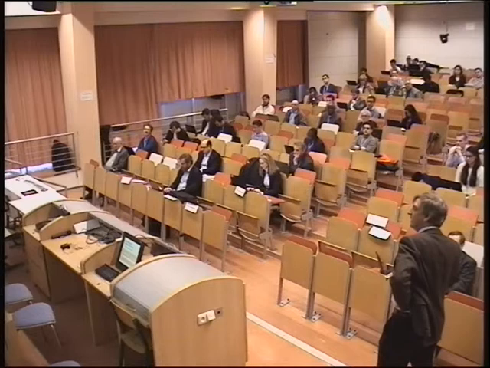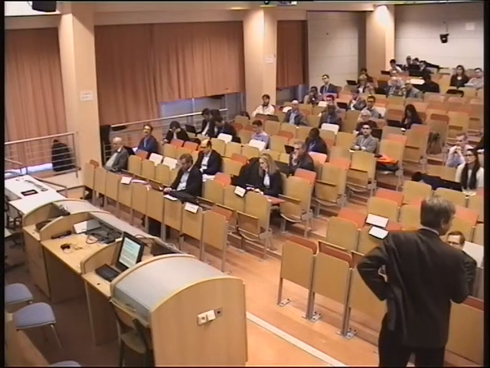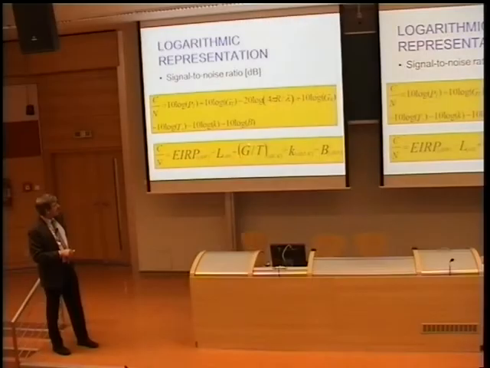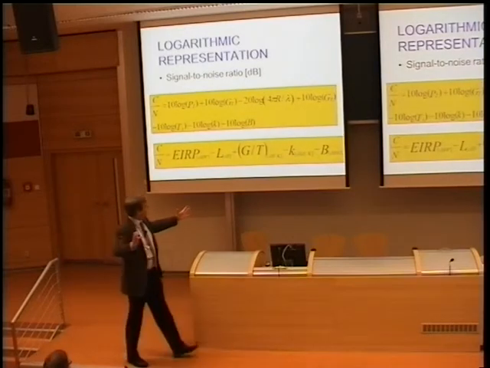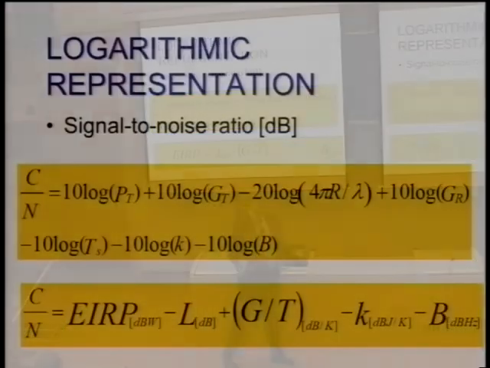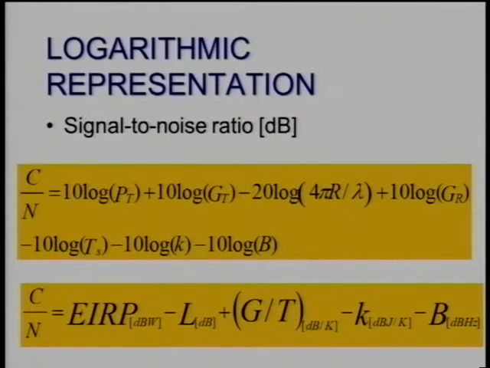We can improve the figure of merit either by having a higher gain antenna or a better amplifier with a lower system temperature. And the other parameter is the bandwidth. If I reduce the bandwidth, then I inject less noise and I improve the signal to noise ratio. In satellite communications this is a state-of-the-art method.